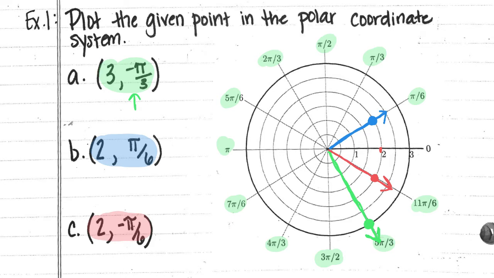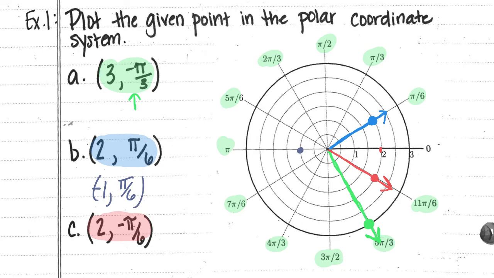So what if I threw something at you that's a little different, and what if I told you to graph negative 1, pi over 6? Well, remember, if I go negative 1, that's here. And because pi over 6 is going, remember when we go around the unit circle counterclockwise, that is the way we go around positively around the unit circle.